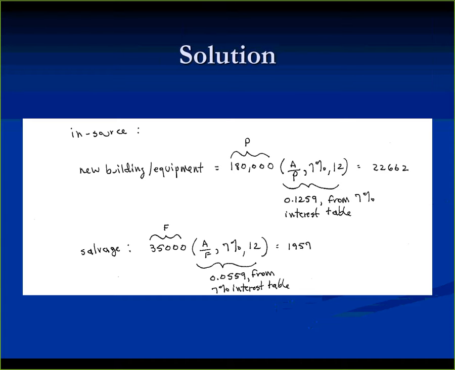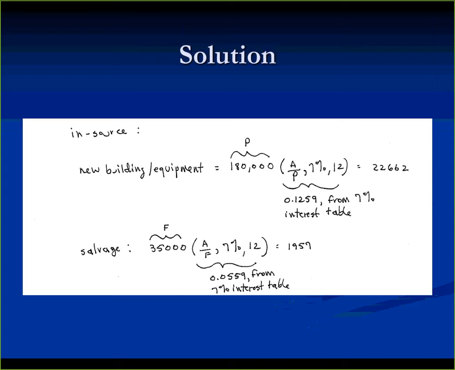So if you look at the insource terms, you've got your new buildings and equipment, you've got your present value of $180,000, your annualized cash flow factor with the 7% interest table, and it's 12. That factor turns out to be 0.1259, and so the annualized value of the new building and equipment is $22,662.